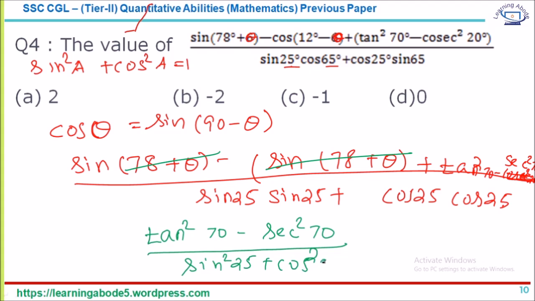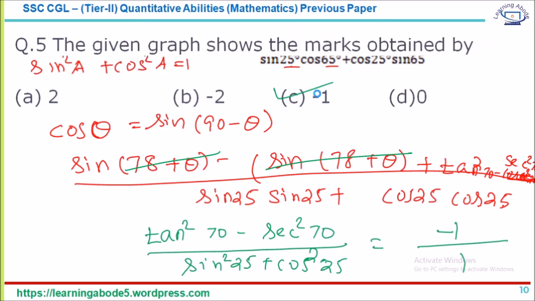Now the denominator, we know it is 1. Okay, and there is also one more relationship where we know tan square theta plus 1 equal to secant square theta. So that way you can say the numerator is minus 1. So minus 1 by 1, the answer is option C, minus 1 for the fourth question.